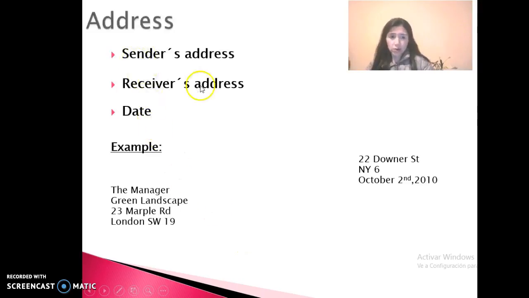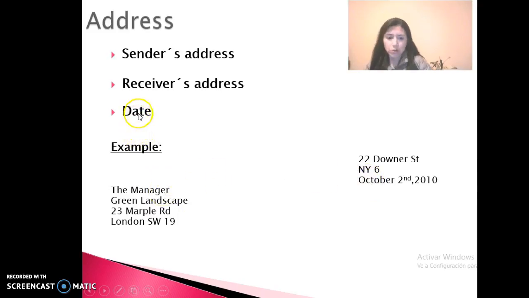With respect to the address, we need to include the sender's and the receiver's address. The sender's address should be written in the top right corner of the letter, while the receiver's address should be written on the left below the sender's address.